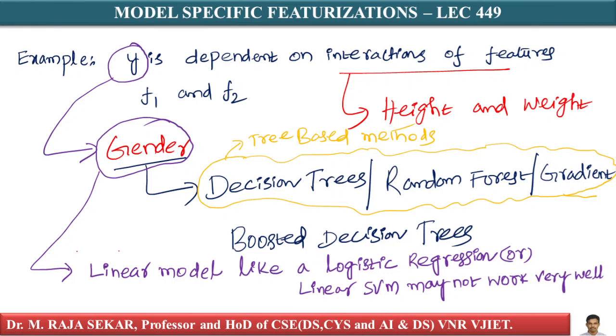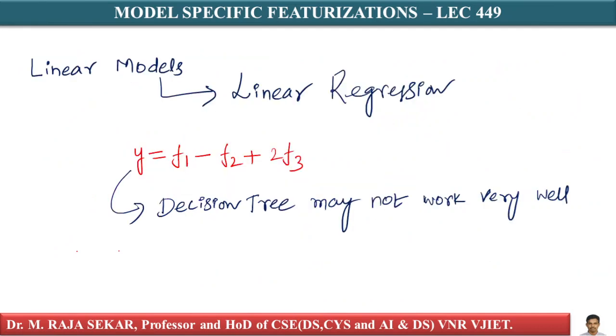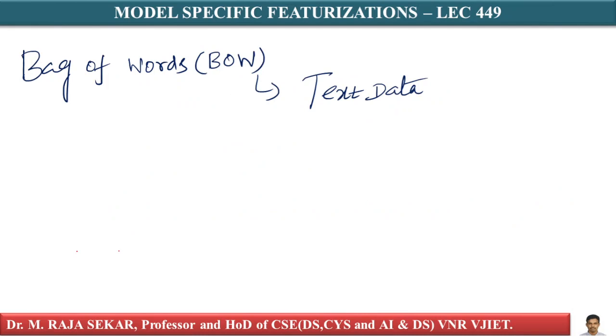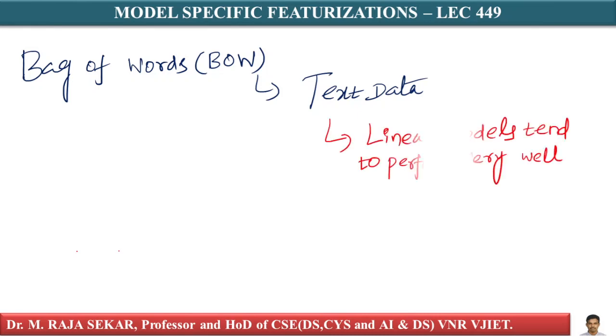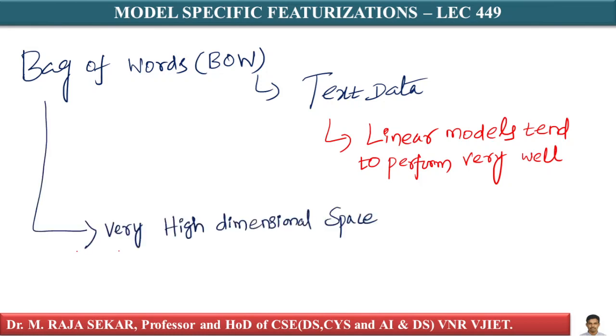So sometimes what featurization works is problem specific. It is also model specific. Let me take the example of bag of words, especially when you have text data. When you do bag of words, linear models tend to perform very well, because you end up having a very high dimensional space.